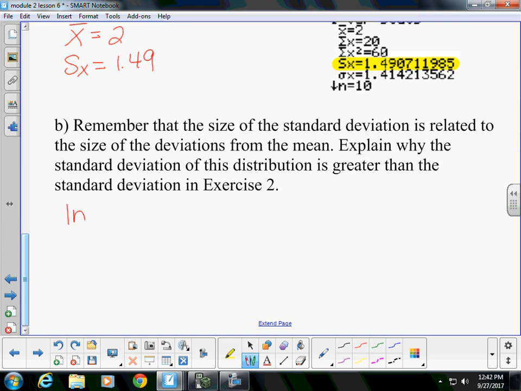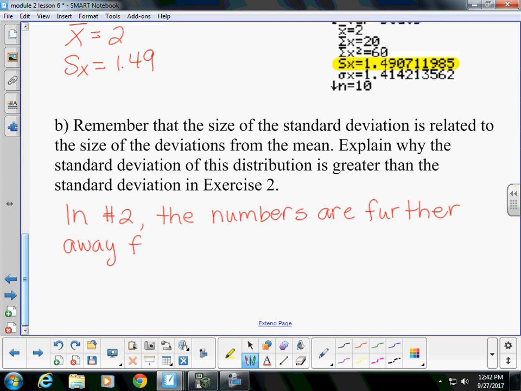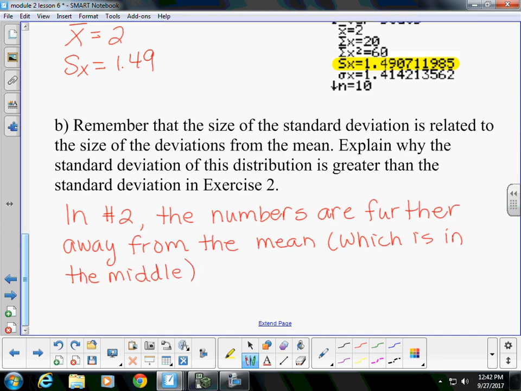So in number 2, the numbers are further away from the mean, which is in the middle, than they are in number 1. Hope that makes sense.